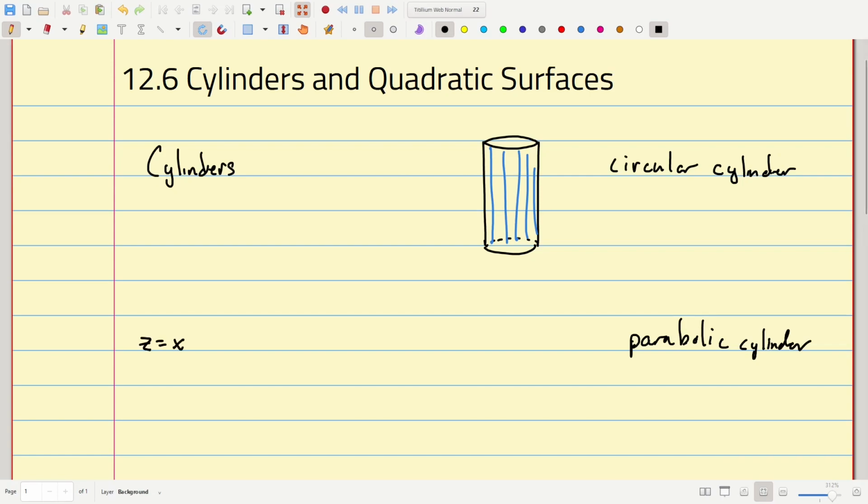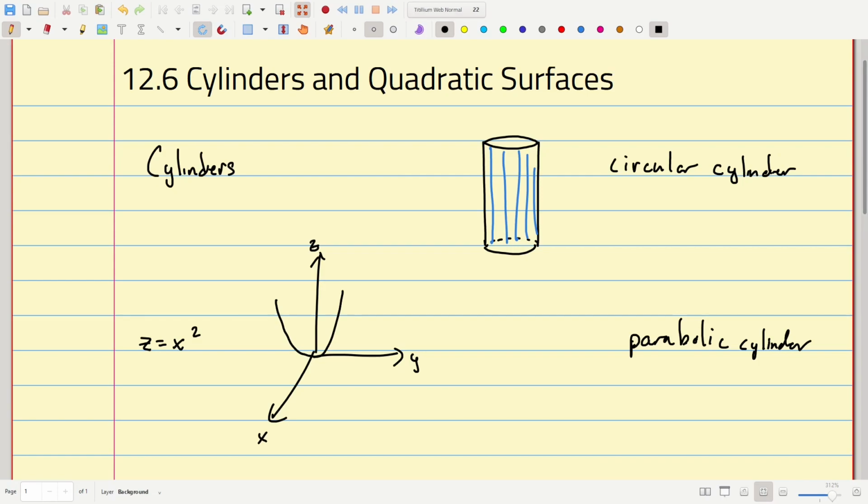Such as the one given by this equation, z equals x squared, where if I draw my three-dimensional coordinate system here, we have a parabola here in the x to z plane.